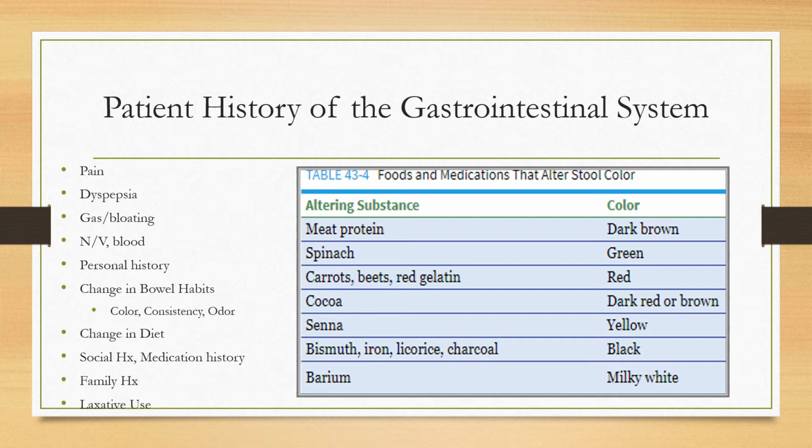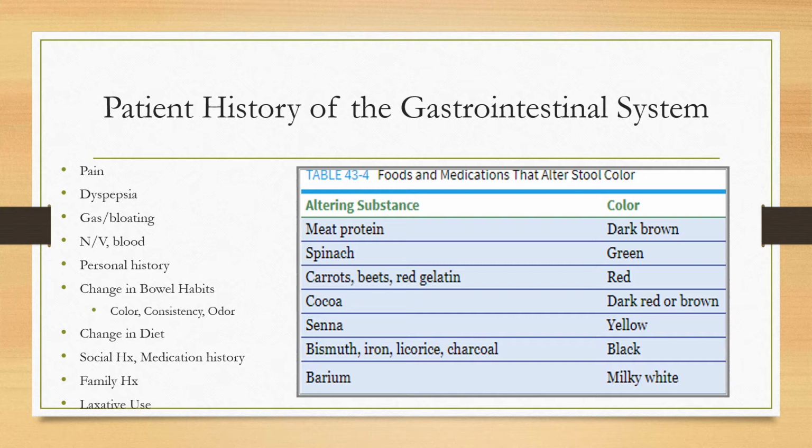Some people will say, well, I get this pain every month. Okay, well, that's going to help. Now I can think of things that occur every month. Or I've had this pain 10 times in the past year. Or I never get this pain. Okay, so the personal history of the patient.